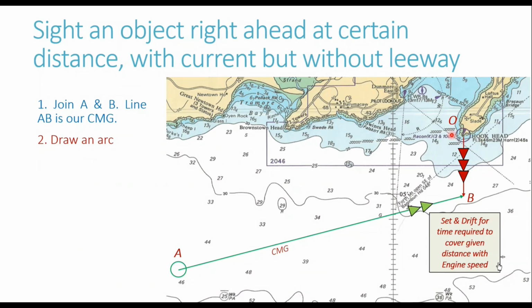Keep your compass centered at the lighthouse, in this case the hook headlight. The compass is open, radius is equal to the distance at which it should be sighted right ahead. And now we are going to draw an arc so that the arc cuts our course made good line AB. So let's draw that arc.